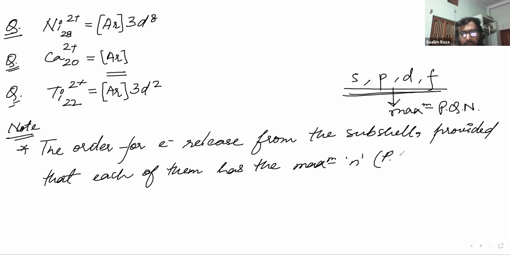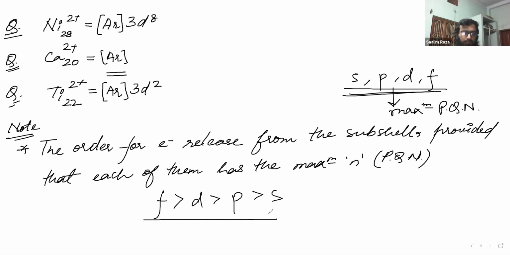What is n? Principal quantum number. The electron from the f subshell will be released most easily, then the d subshell, then the p subshell, and then the s subshell. Yes, sir. Note this down.